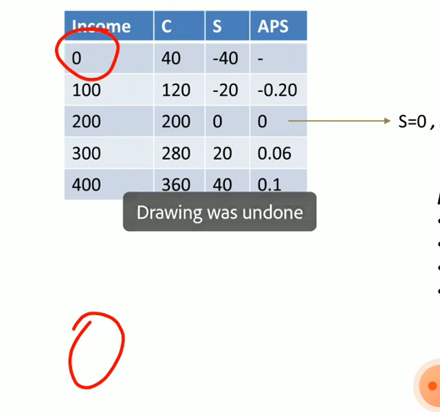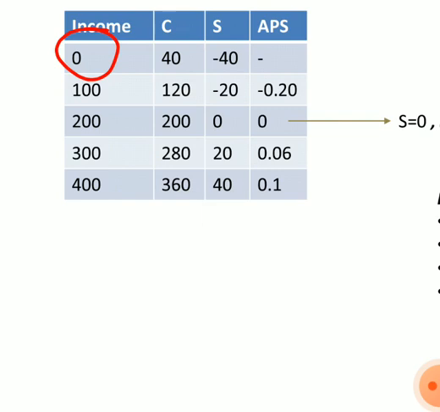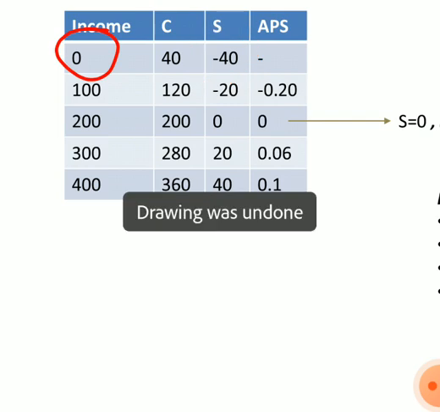Because our income is 0, and in that situation also we are consuming, where are we getting that 40 rupees from? We are getting it from savings, which means we are taking money out of our saving and putting it into consumption. We are taking out, so the savings are negative here. That's why it is minus 40. Here it is the same thing. Our income is rupees 100 and consumption is 120.